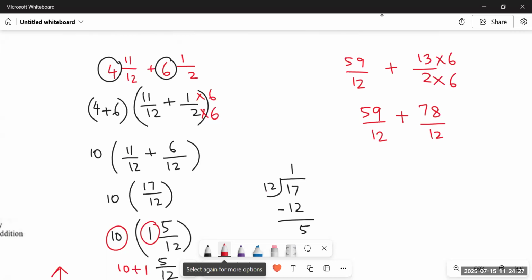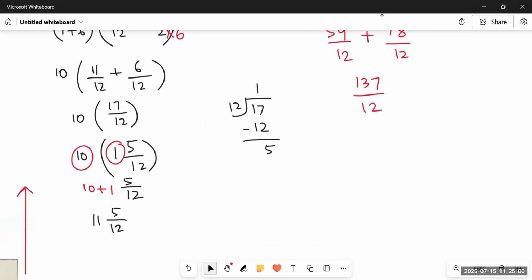Okay, now we will add 78 with 59 and the answer would be 137. 137 upon 12. Now what will we do next?